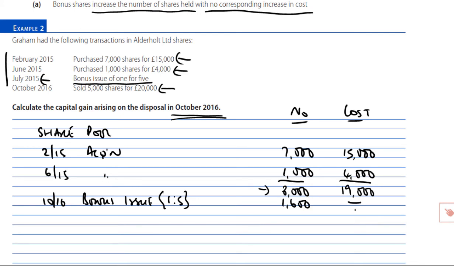And of course, there is no cost. It's a bonus issue. So all it means is that the share pool now consists of 9,600 shares in this company that are still deemed to have cost £19,000.